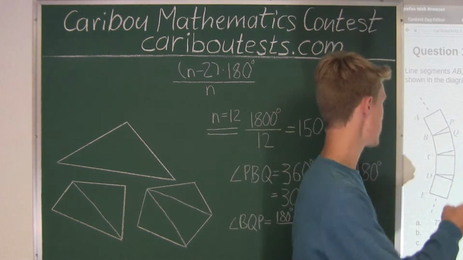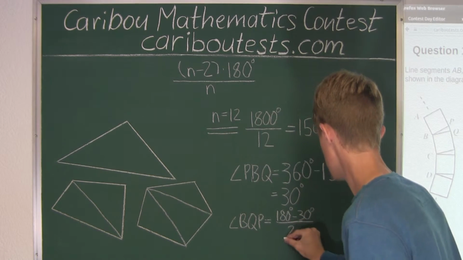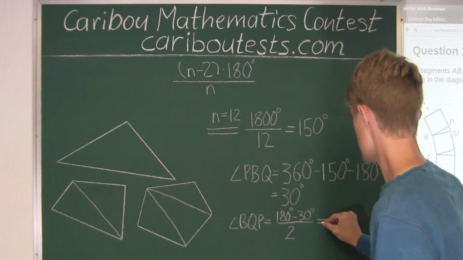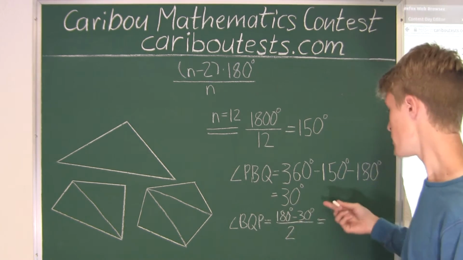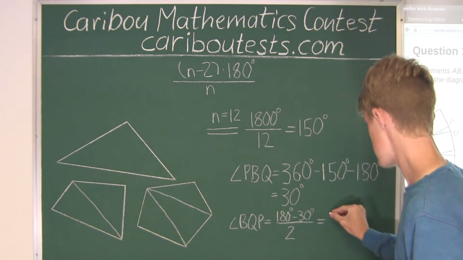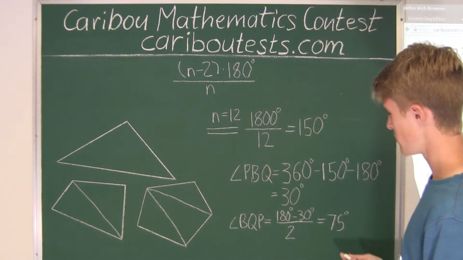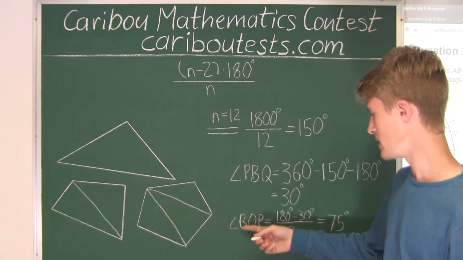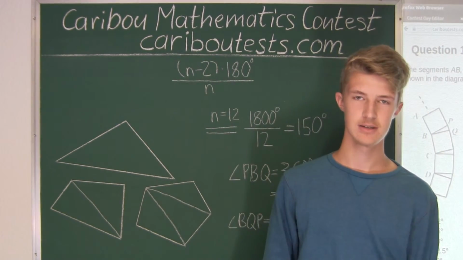Since both those angles are the same, we must then divide by 2. So 180 minus 30 is 150, and 150 divided by 2 is 75 degrees. Therefore the angle BQP, which we wanted to find, is 75 degrees.